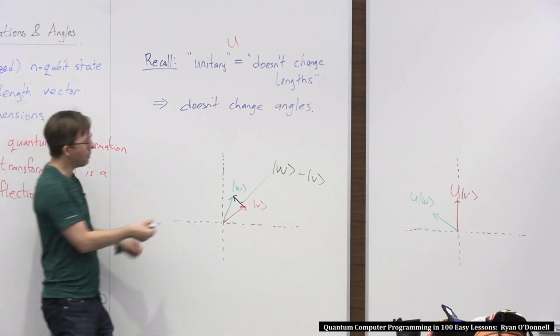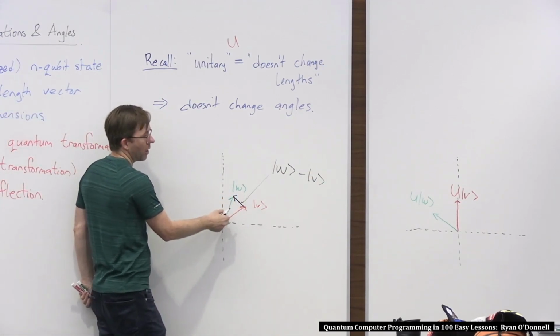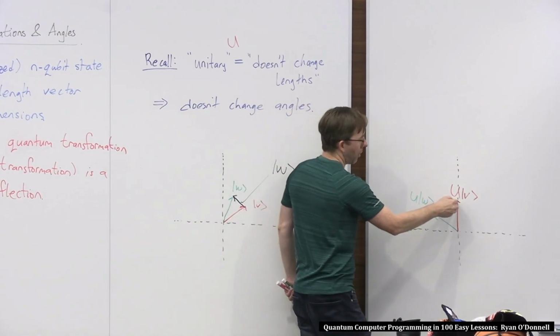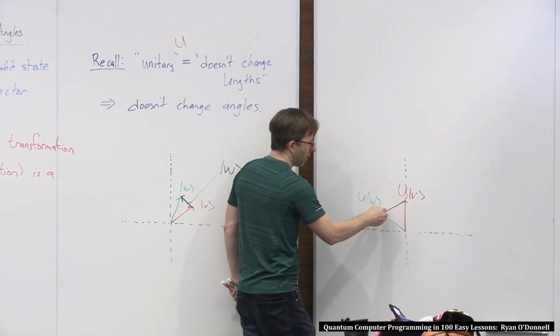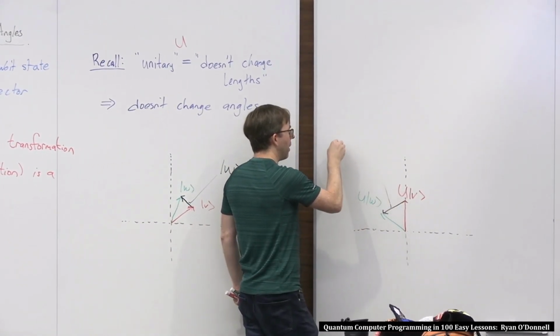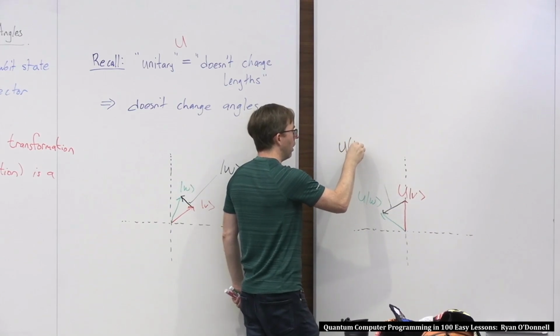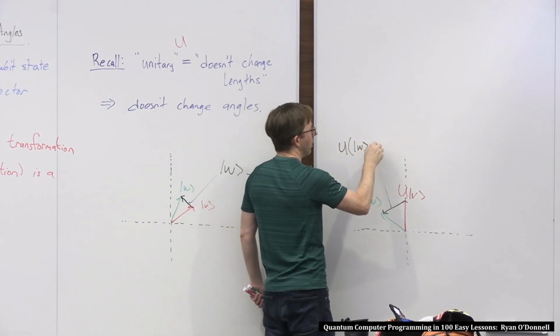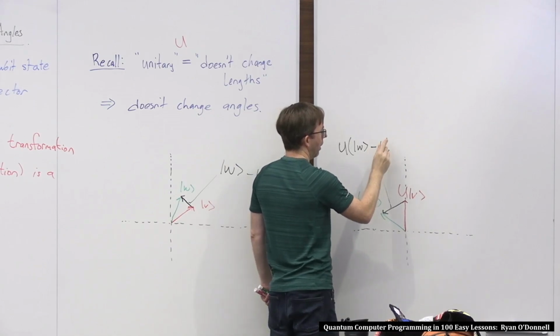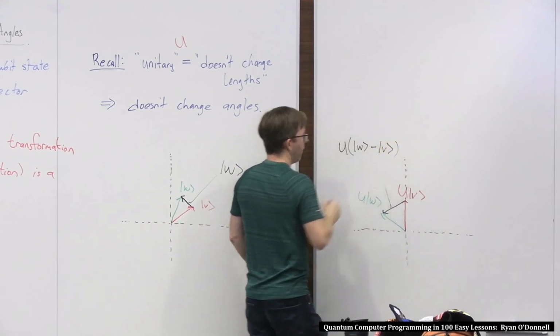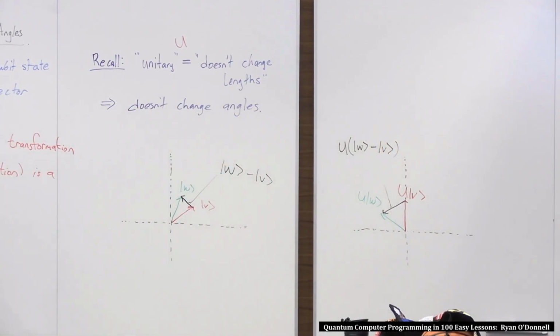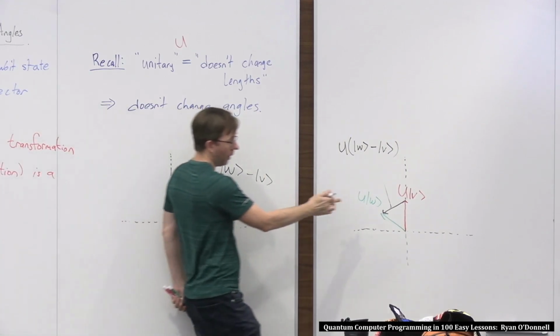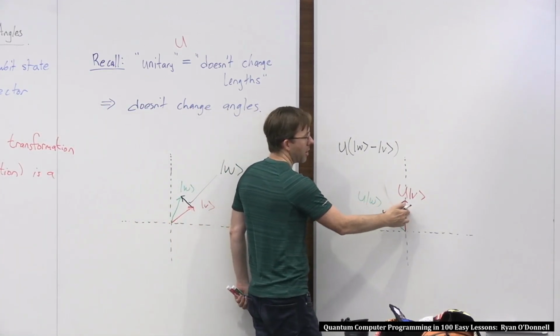And what I claim is that this black vector, I didn't put its tail at the origin, but I claim that when you apply u to it, you get to this black vector. I claim that this is u applied to w minus v. And why is that? Well, what it clearly is is uw minus uv.